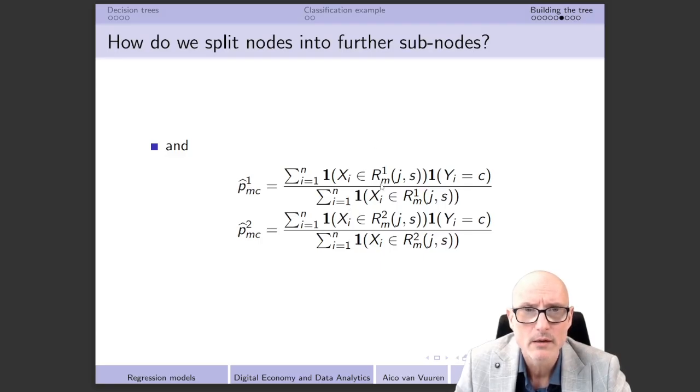So it's the number of observations in a particular class in this subset R1(m,j,s).